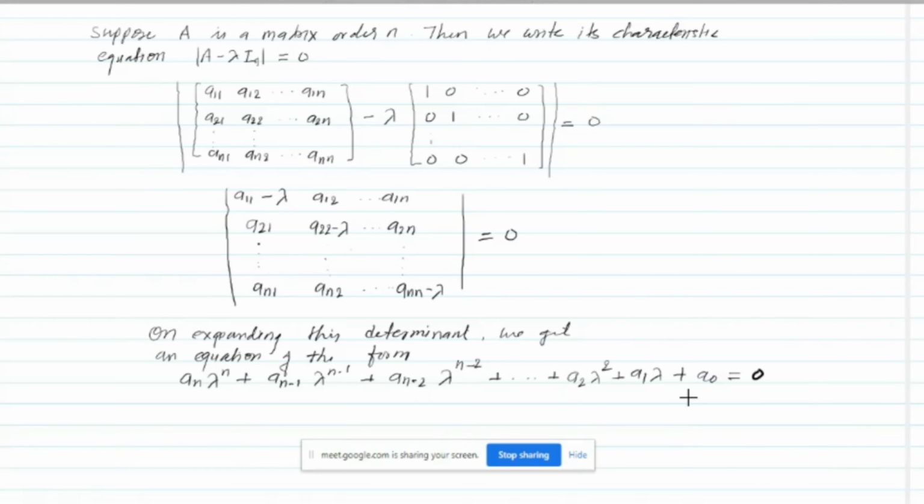Okay, A naught will be there, and this equals 0. This is your characteristic equation of the n cross n matrix.